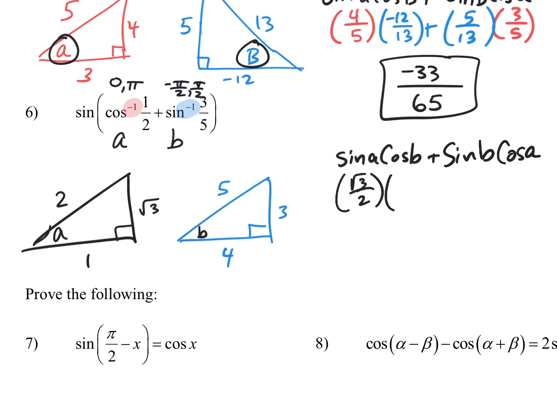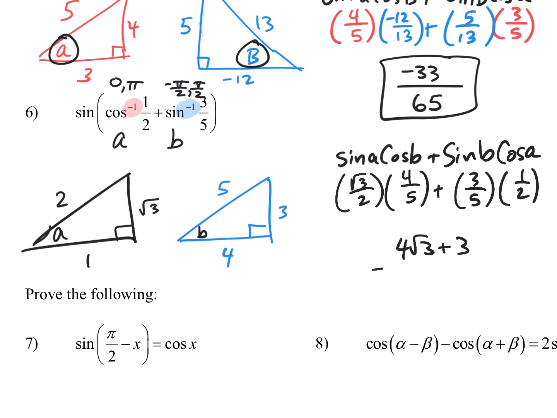Cosine of B is 4/5. Sine of B is going to be 3/5. And finally, cosine of A is going to be 1/2. Well, now all I have to do is simplify here. I'm going to have 4 root 3 plus 3 all over 10.